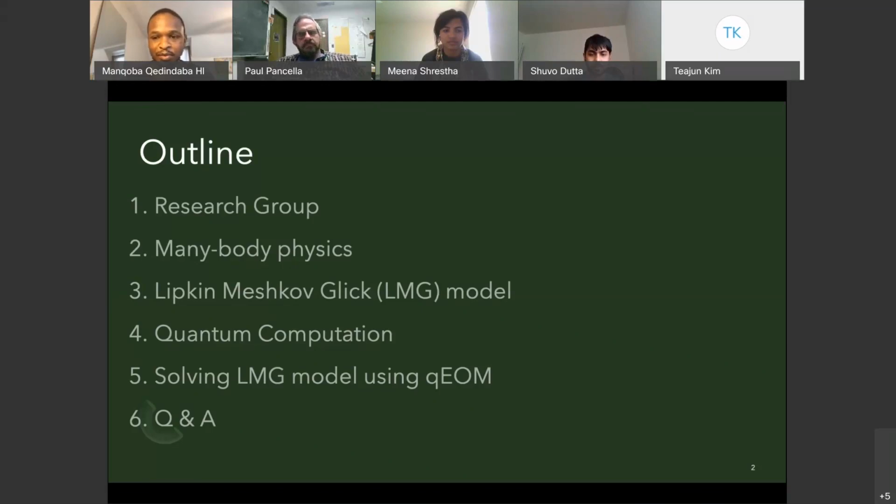How many of you have already taken Quantum 1, or are taking Quantum 1? Everyone? Okay, so we're going to revise some quantum mechanics here. Everything is quantum, quantum, quantum. Even the computers we'll be using to run our models are quantum computers.